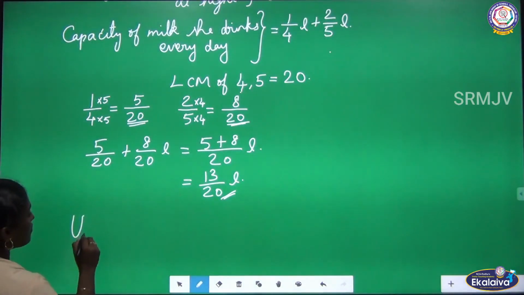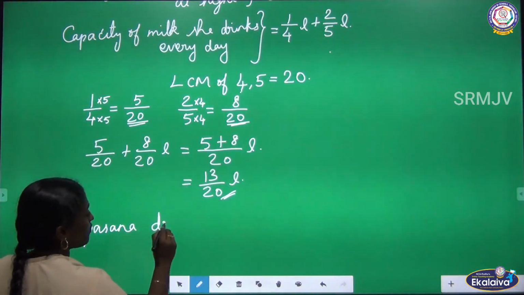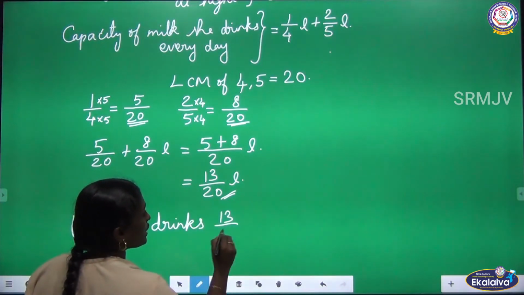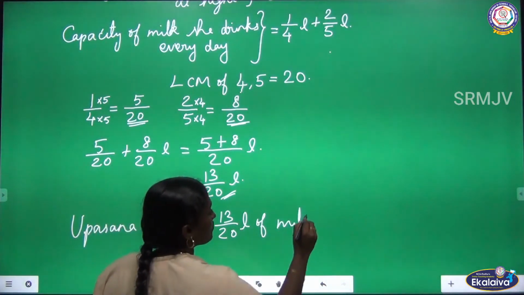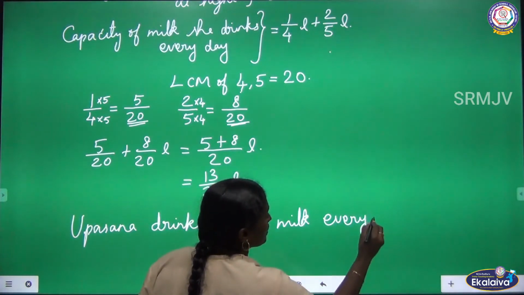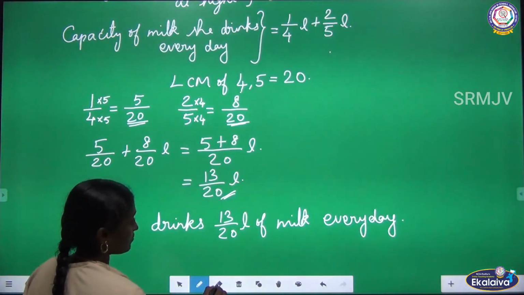So Ubashna drinks 13 by 20 liter of milk every day. Is it clear, children?